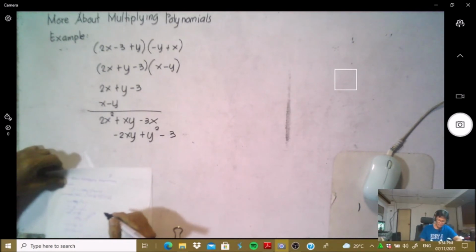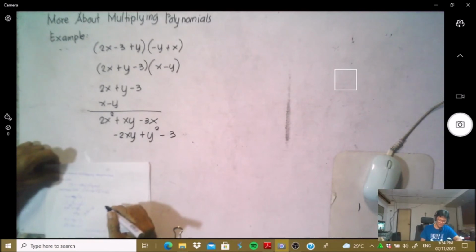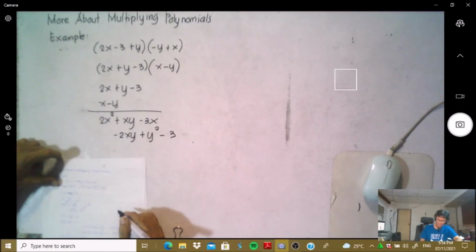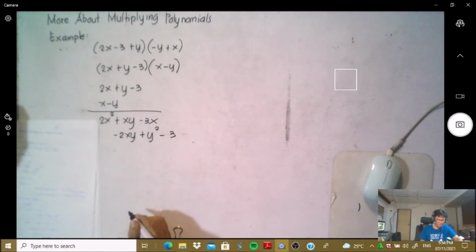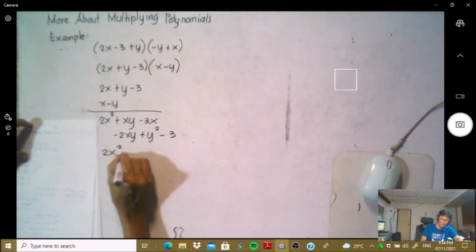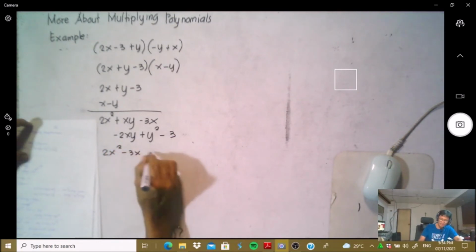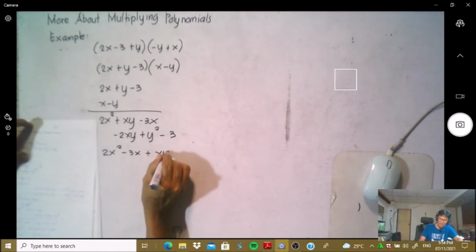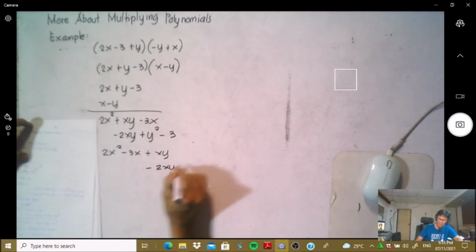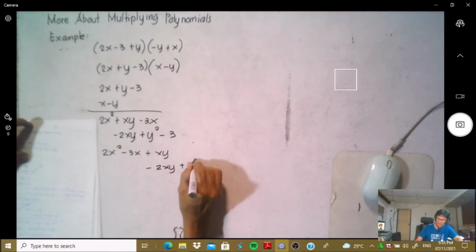How are we going to do this? For our first row, we have 2x squared plus xy minus 3x, and negative 2xy plus y squared minus 3. So we have to arrange this: 2x squared minus 3x plus xy, then negative 2xy plus y squared minus 3.